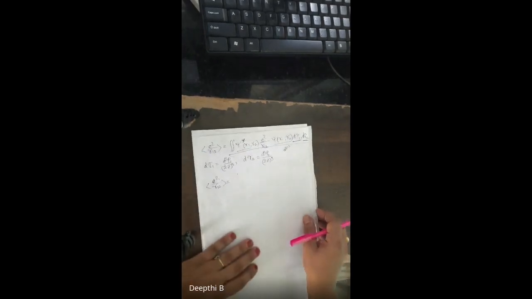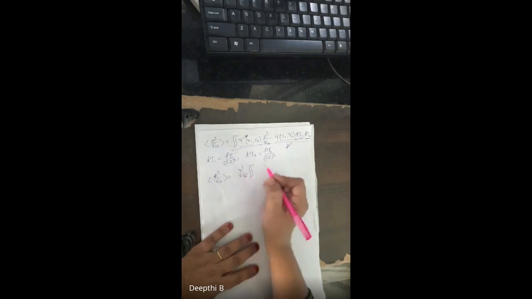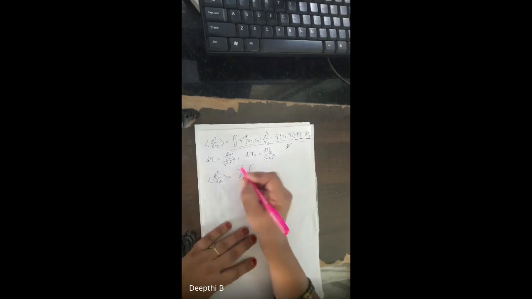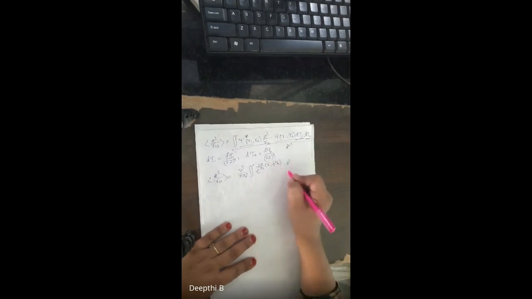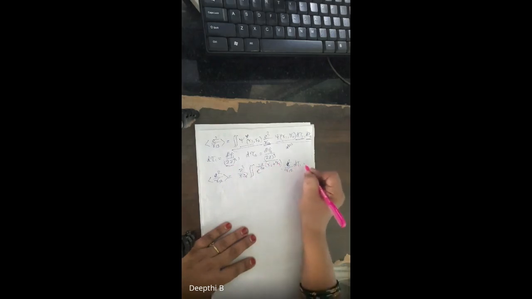Z cube by pi a naught cube we put outside. Then the double integration of e power minus 2Z by a naught into r1 plus r2, into e square by R12 as it is, d tau 1 d tau 2. I will write these terms in place of d tau 1 d tau 2.